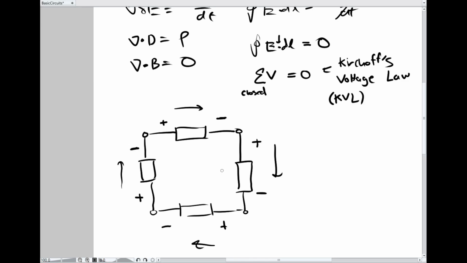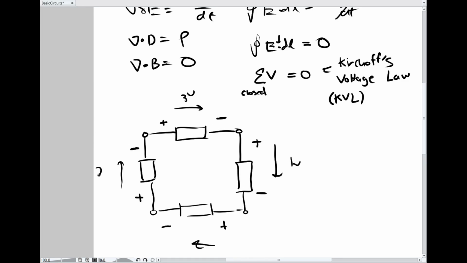So it's like if I were to move 1 coulomb of charge around the circuit, then the voltage I'm defining is how much energy it takes to move that coulomb the same direction for every element. So if this is 1 volt, it takes 1 joule to move it this way. If this is 3 volts, it takes 3 joules to move it this way.